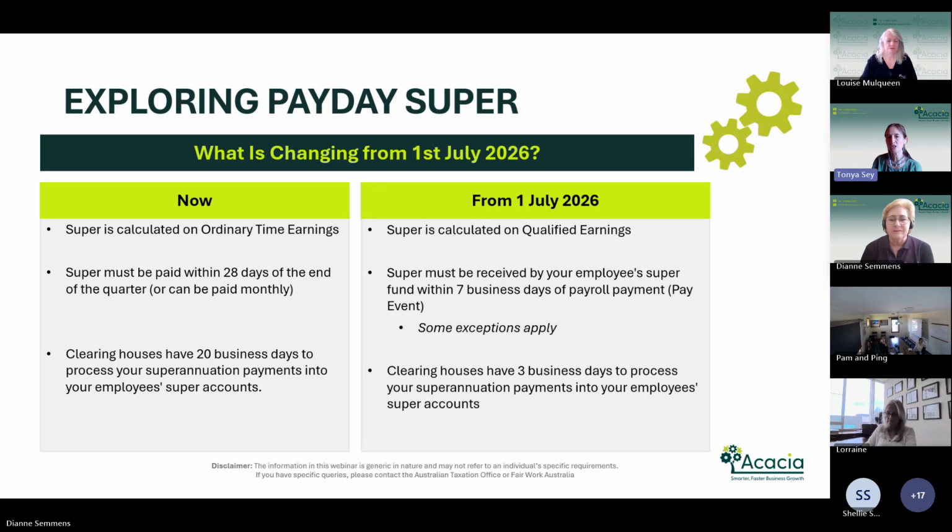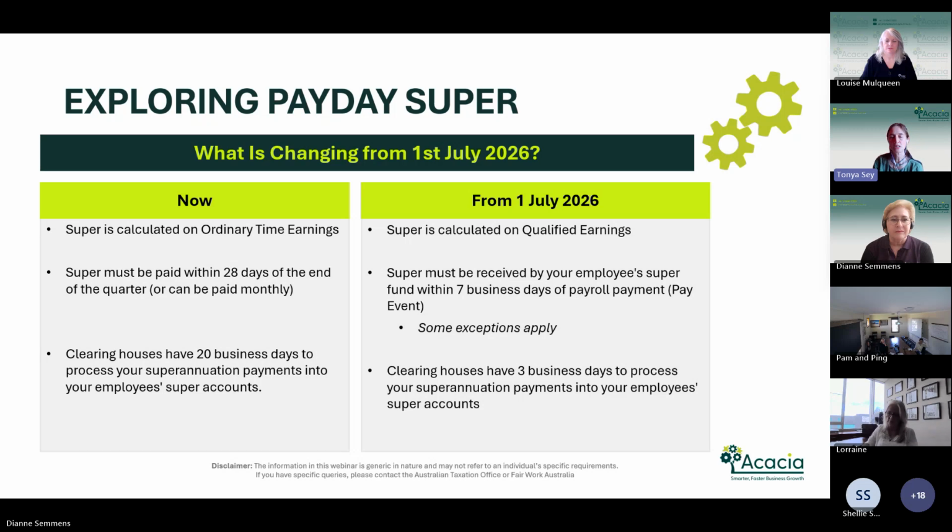From 1 July, super must be received by your employee's super fund, and actually that should be paid into their super account within 7 business days of the payroll payment event. So within 7 business days of you submitting to the ATO to say you've paid the payroll. Some exceptions do apply, but generally that's the rule.